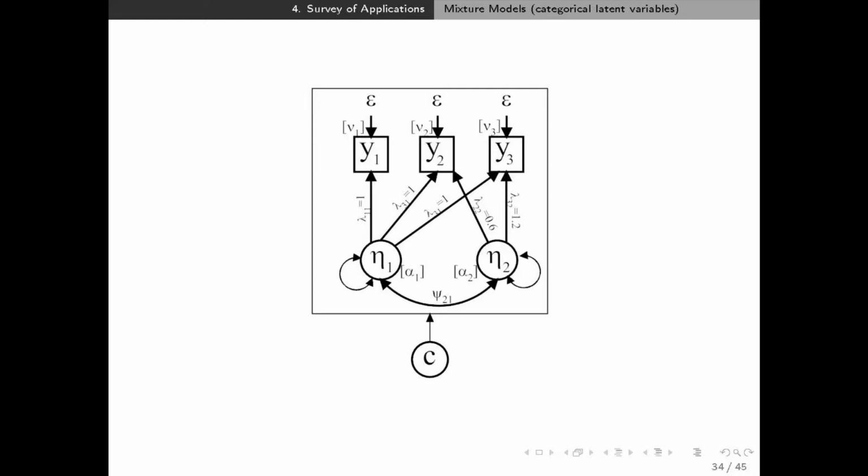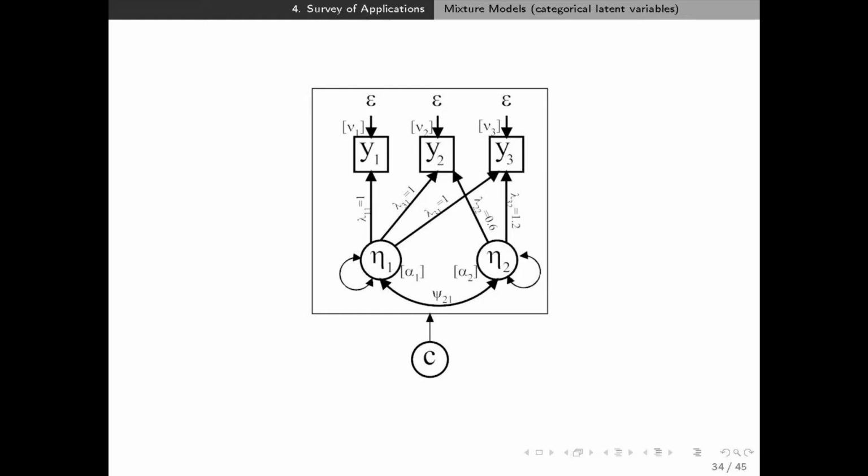It's typical to let it be the mean of the intercept and slope factors and their variances, but it could be anything. It could be a covariate effect on the growth curve parameters that defines who's getting in the latent class variable.